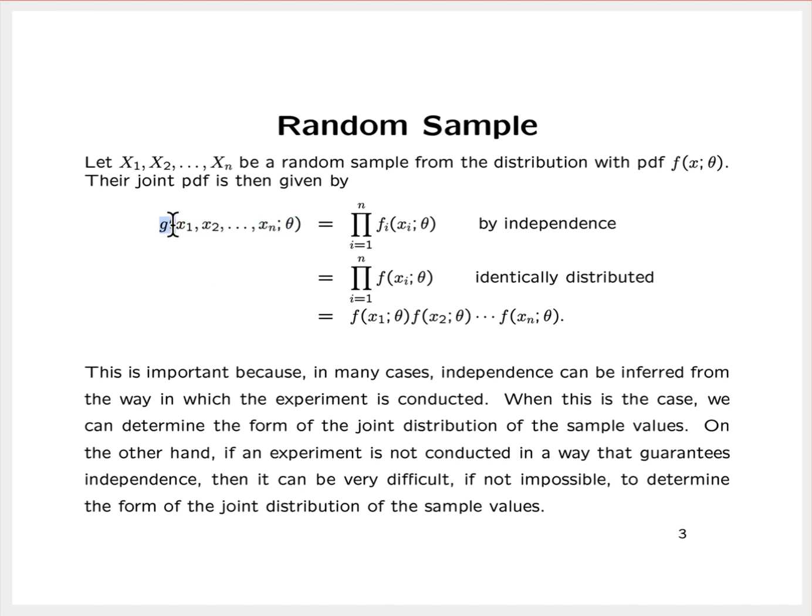So if we cannot form the joint PDF, if we're not able to even determine its functional form, then we really can't go any further. That's why it's so important that experiments be conducted in such a way that observations from different experimental units are independent.